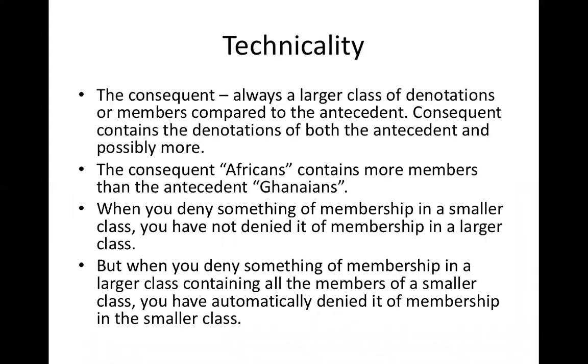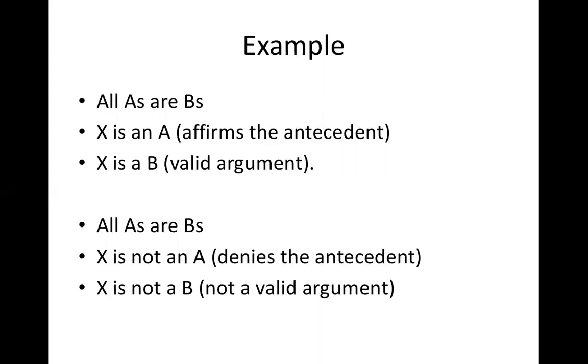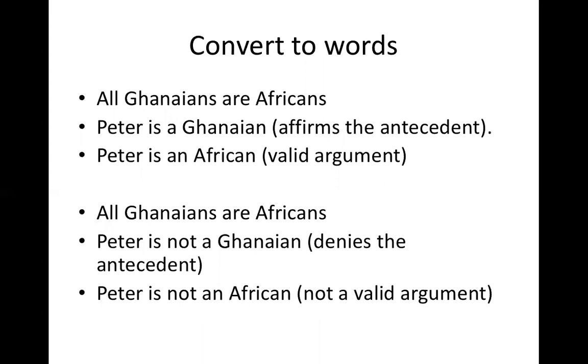Okay, so let's go back to our first argument. So we said all Ghanaians are Africans. Peter is a Ghanaian, Peter is an African. So it's a valid argument because the box Ghanaian is inside the box African. So anyone who is a Ghanaian is automatically in the box of Africans. Look at the second argument. Remember that this first argument affirms the antecedent, and we said it is a valid argument.